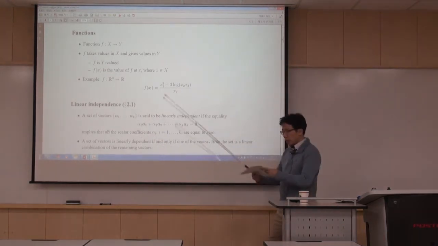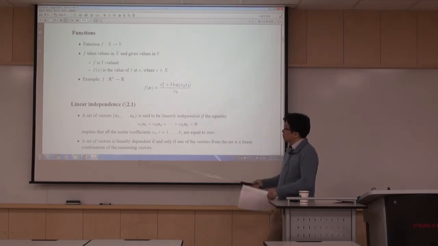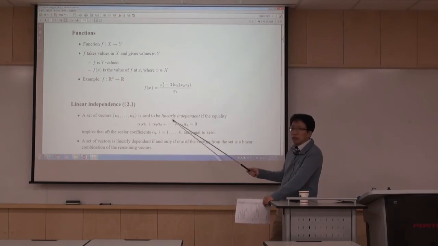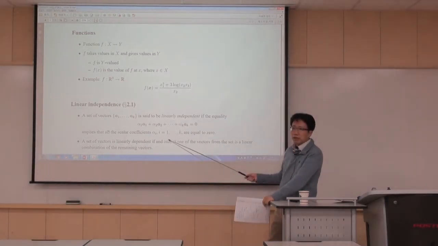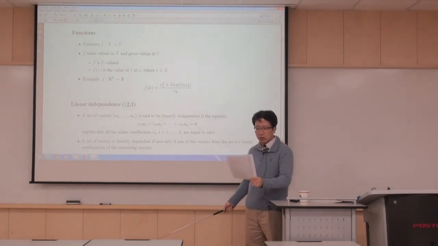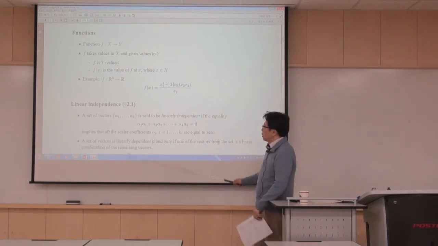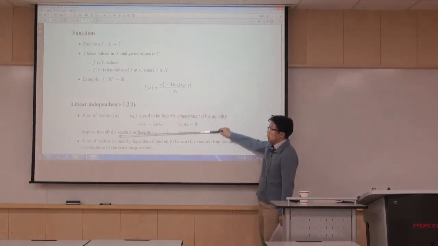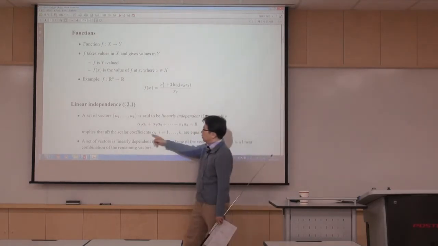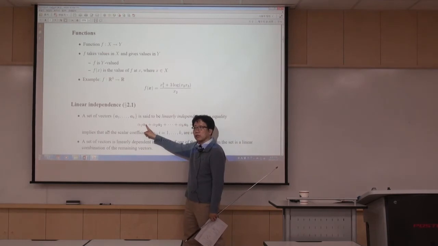Anyway, section 2.1 talks about the linear independence of a set of vectors. Okay. And from here, I'm not going to talk about everything. Otherwise, I cannot finish 8 pages today. I will just point out what is important. Okay. So whenever you see something like this, see the left-hand side, a product of a constant and a vector.